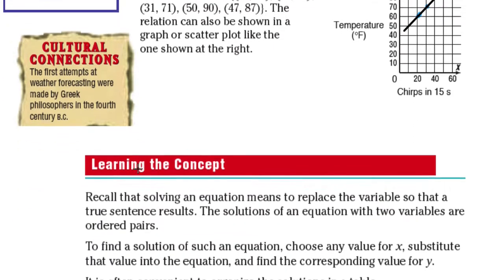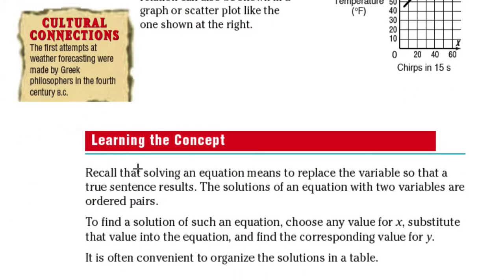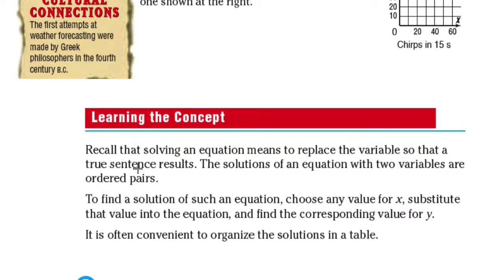So what do we know here? We recall that solving an equation means to replace the variable so that it results in a true sentence. The solutions of an equation with two variables are ordered pairs.